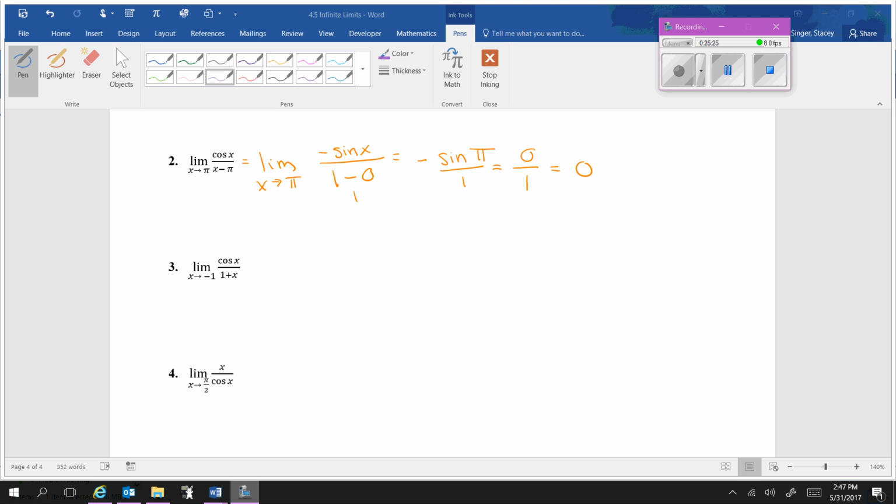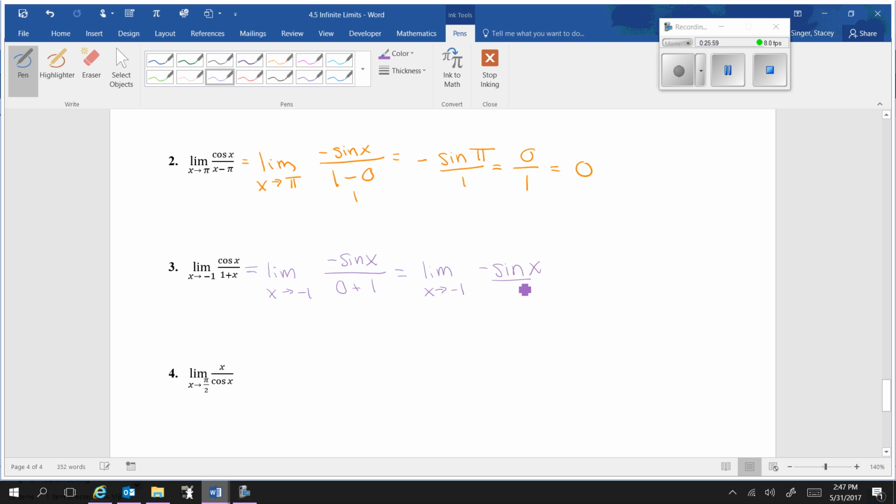This next one, if I plug in 1 into my denominator, I'm going to get 0, so again, I have to take my derivative. So derivative of cosine is negative sine, divided by derivative of 1 is 0, derivative of x is 1, so I've got the limit as x approaches negative 1 of negative sine x. 0 plus 1 is just 1, so I don't need to put that in the denominator.